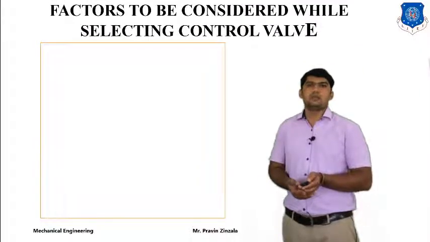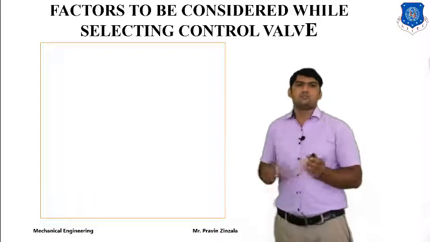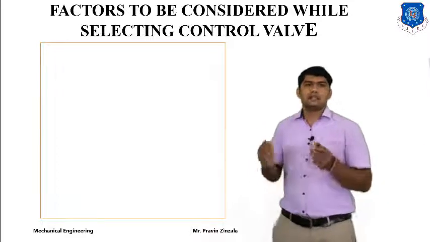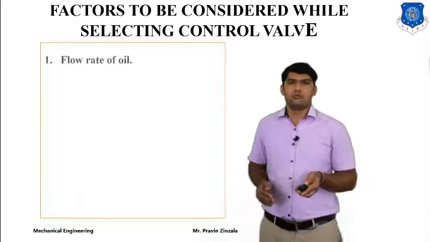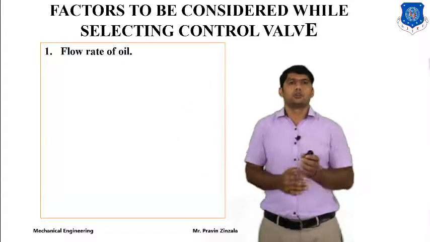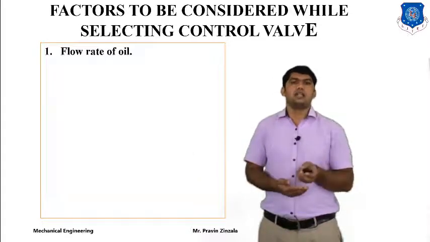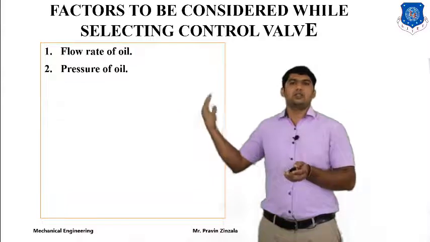Now we will discuss the factors to be considered while selecting the control valve. Which factors should we consider for selection of different types of valve? First factor is flow rate of oil. How much flow rate is required for the hydraulic or pneumatic system? Second factor is pressure of oil.